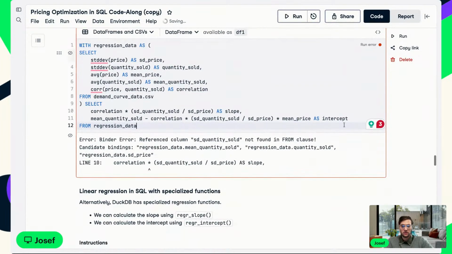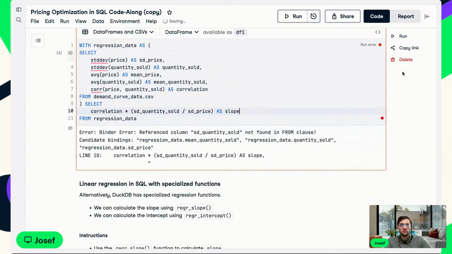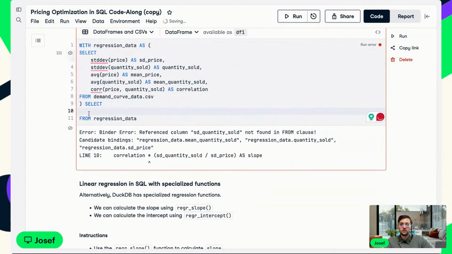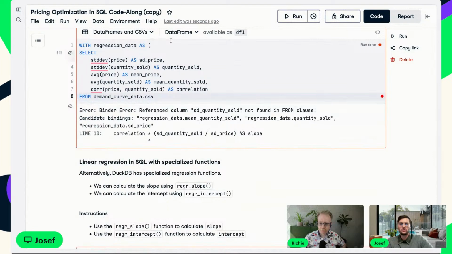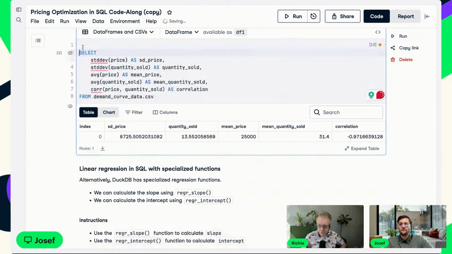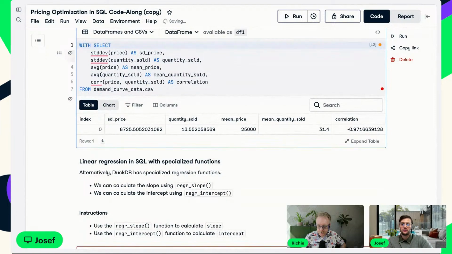Oh my gosh. Let's try that again. I copied and pasted it wrong. Okay, correlation, select. I'm going too fast here. Let's make sure I do this right. I think you've just got the wrong alias in the first select query.